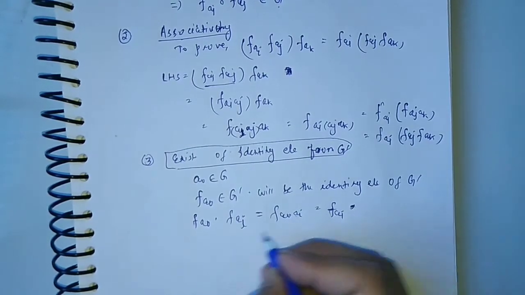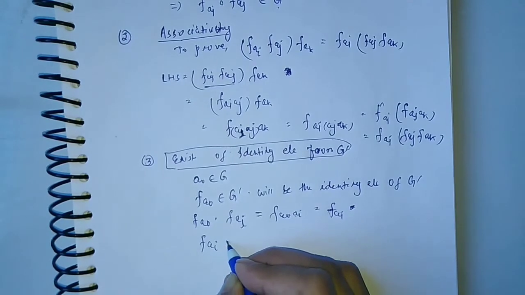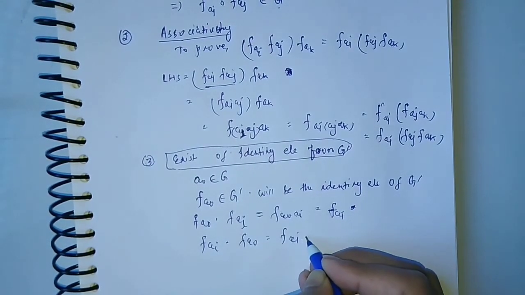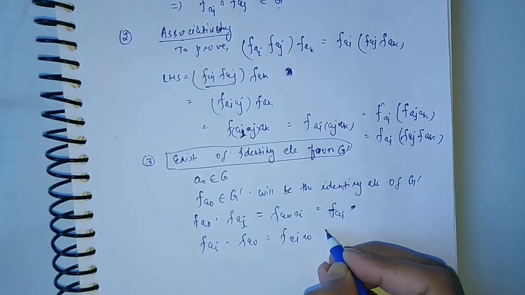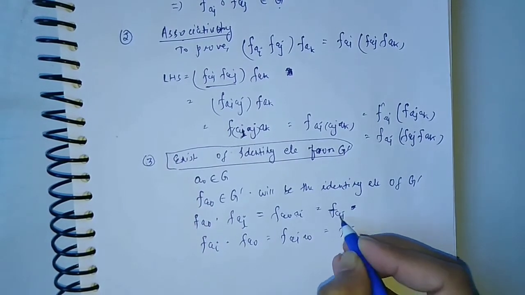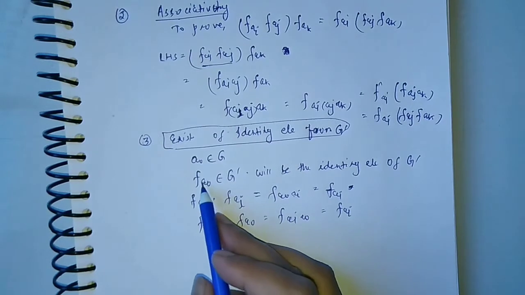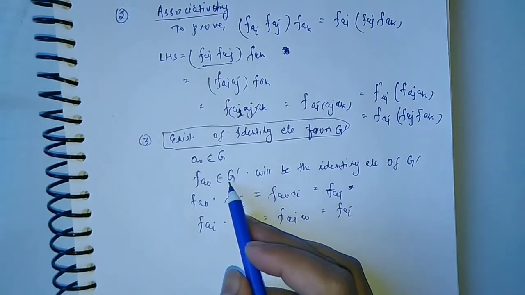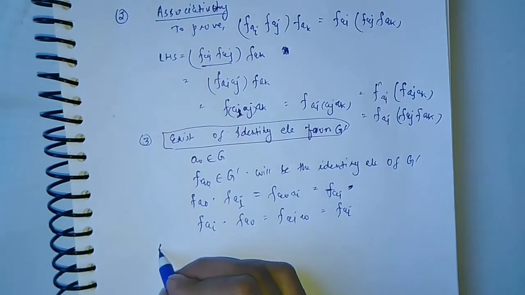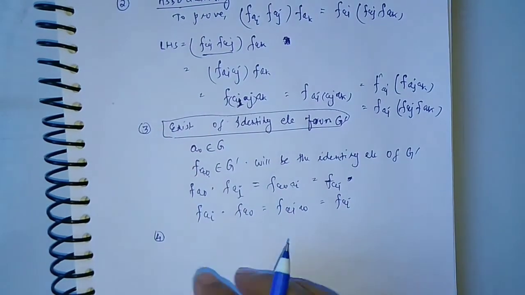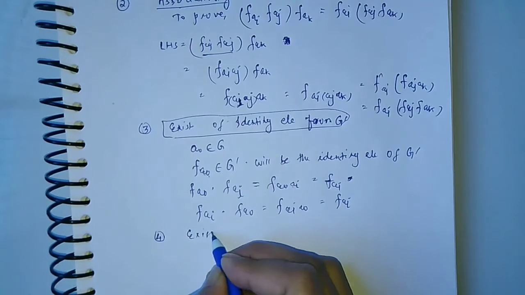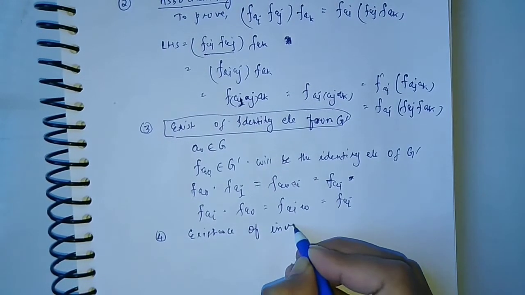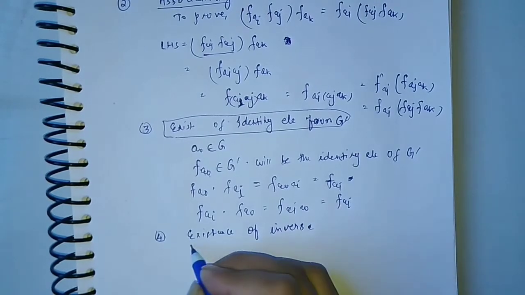And f(ai) into f(a0) is again f(ai a0), and this is again equal to f(ai). So we have proved that f(a naught) is the identity element from the set G dash. Now we have to prove the existence of inverse.